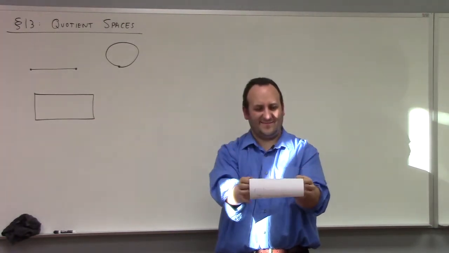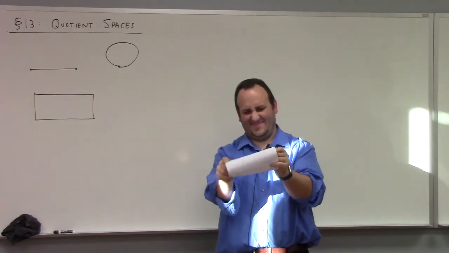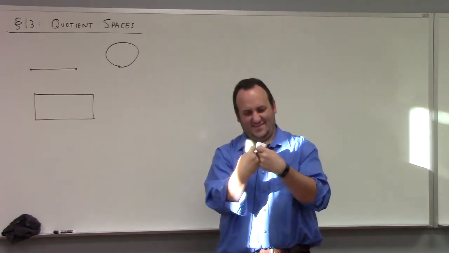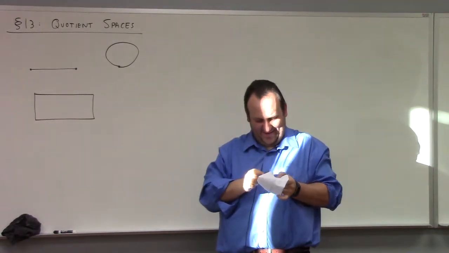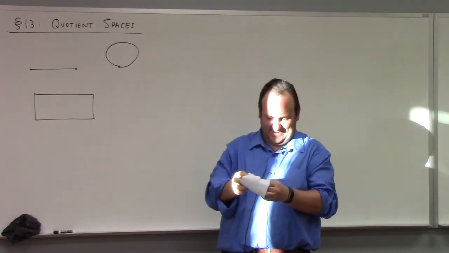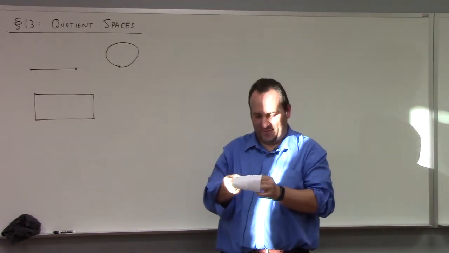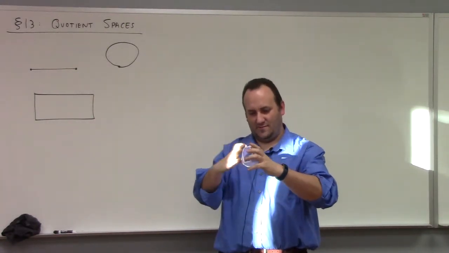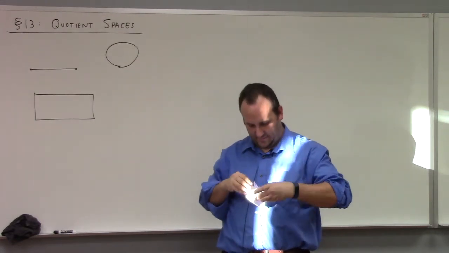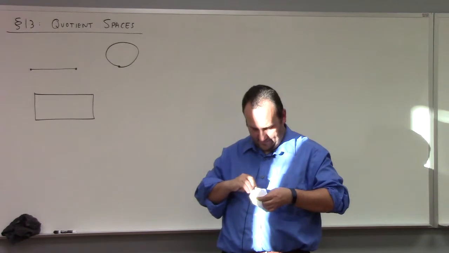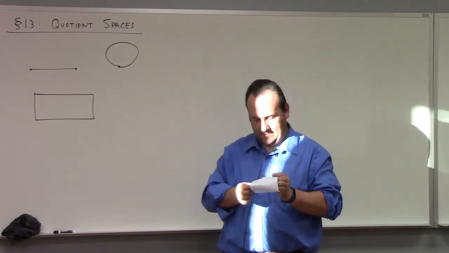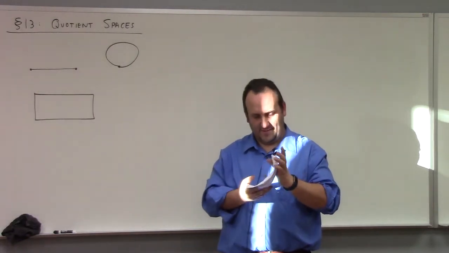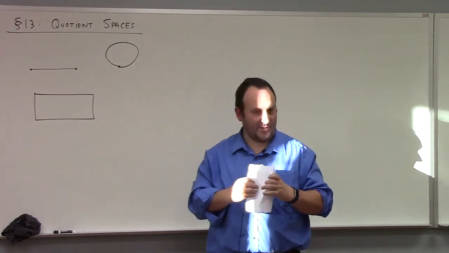If in addition you could also identify the other pair of sides, then we'd have a, well, a very poorly crumpled torus, but yes.